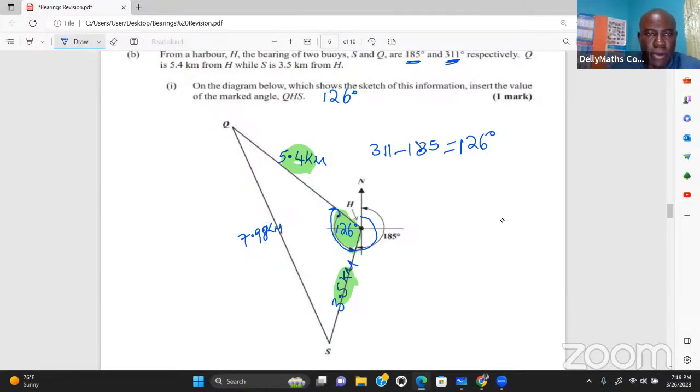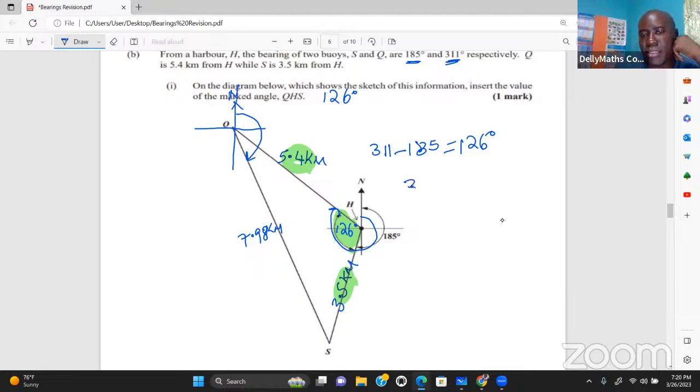Let's draw our bearing. Because it says from Q, you want to go at Q. So the bearing of S is going to be all of that angle. But I do know some of that angle already. The only part I need to know is the part that's in the triangle.